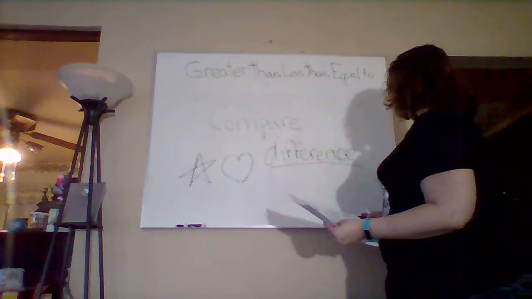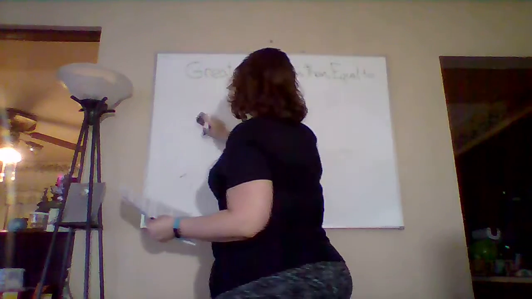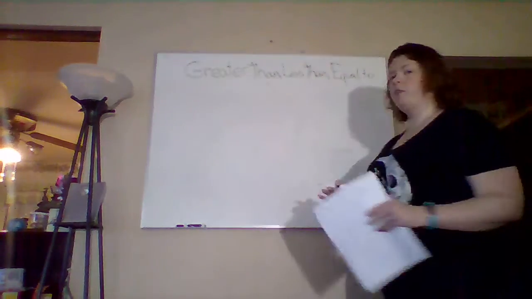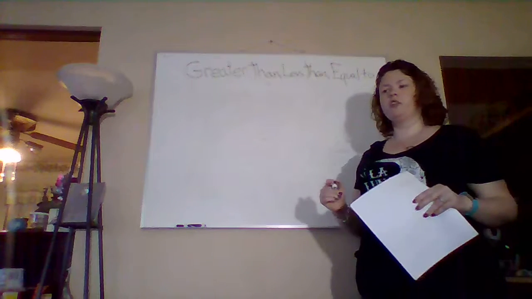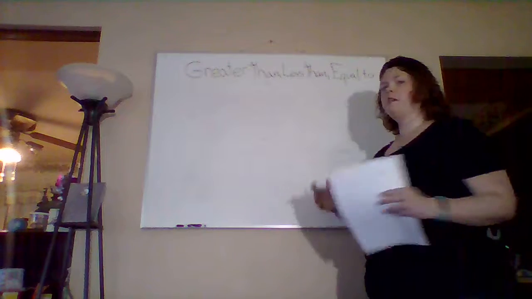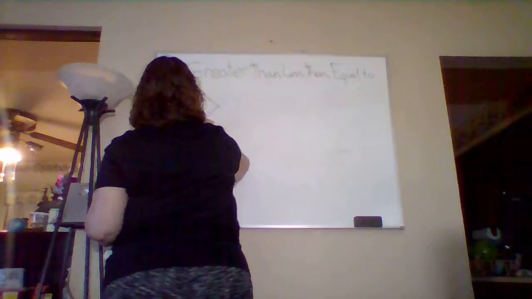So with greater than, less than, and equal to, we're going to use symbols so that we can learn how to show greater than, less than, and equal to. So our first symbol is greater than.